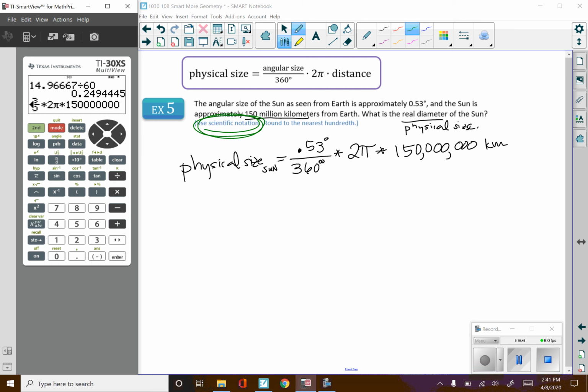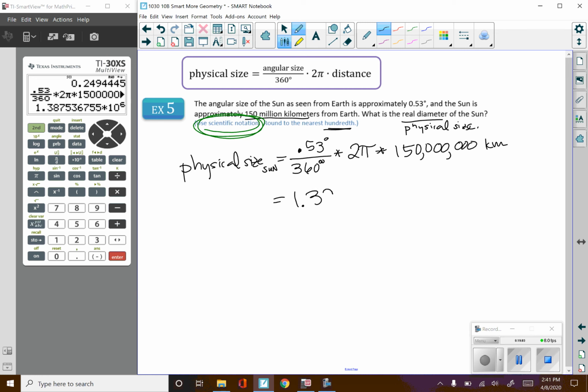And now when I hit enter, it'll give me that answer in scientific notation. Now be careful to not miss that times 10 to the 6th. That's an important part of our answer. So our answer would be 1.39 multiplied by 10 to the 6th power. So that's the physical size of the sun.